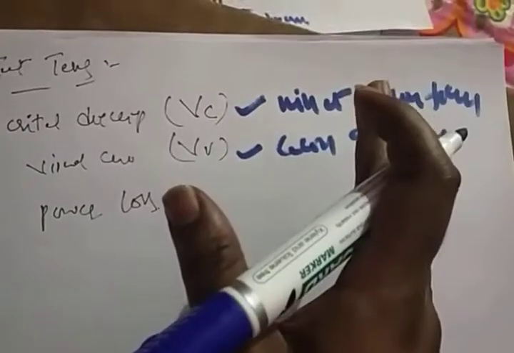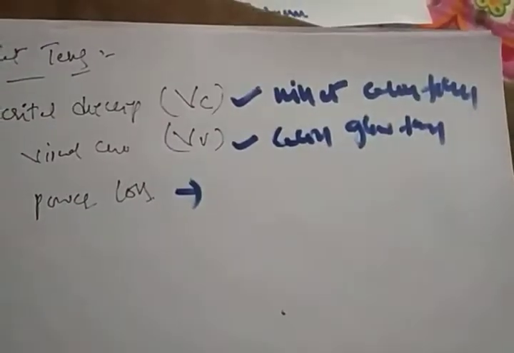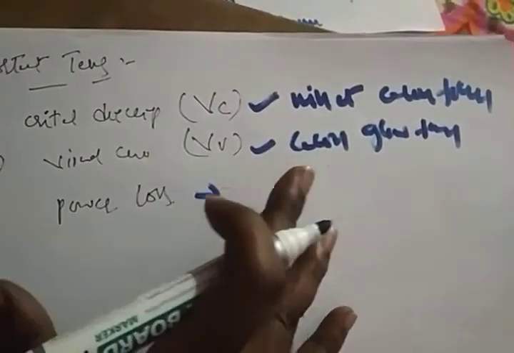When corona forms, there will be energy loss around the conductor in the form of heat, light, and some chemical reactions. That loss we call the power loss due to corona. These losses affect certain communication systems around the conductor, so we need to avoid these effects in the transmission system.